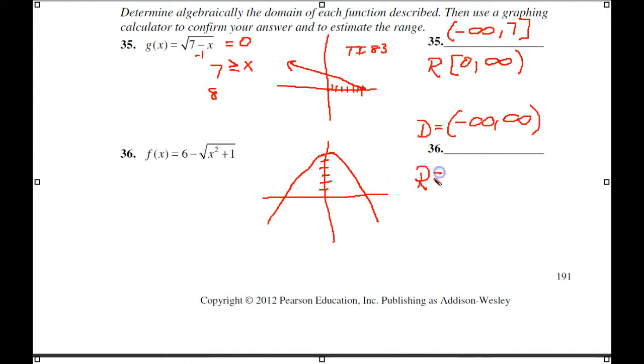And if we put that in our calculator, it shows up as a y-intercept of 6 here, and this opens up downward because it's negative, and you get this parabola. So what would the range of this be? Well, our range starts with values coming up from negative infinity up to and including 6.